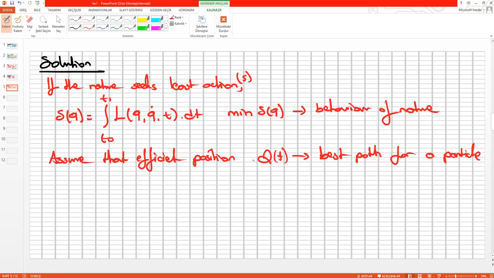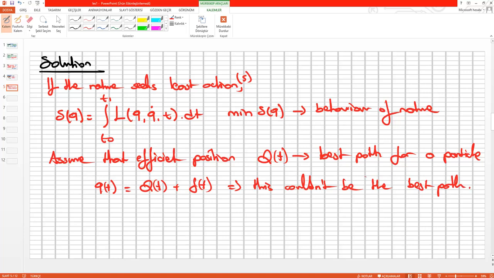Okay, and so if I put the bigger Q into the smaller q, then this function is minimized. Okay? And so, if there is any increase or decrease upon the bigger Q(t), like this one, delta t, then this path cannot be the smallest one or the efficient one. Okay? And so, this could not be the best path.